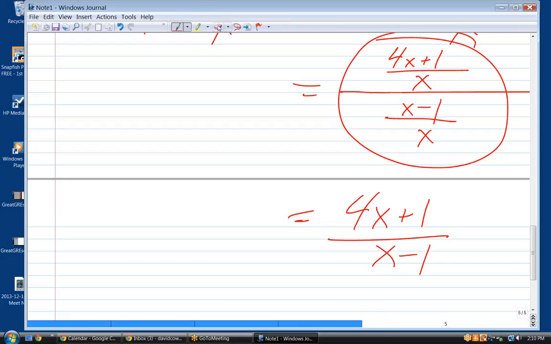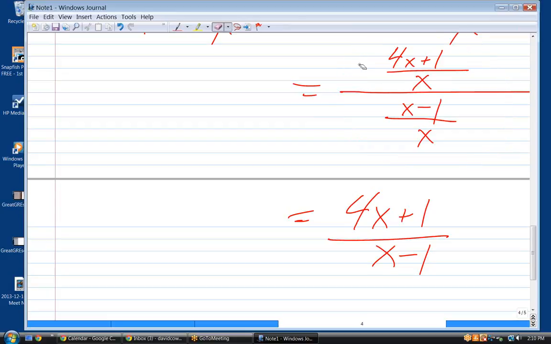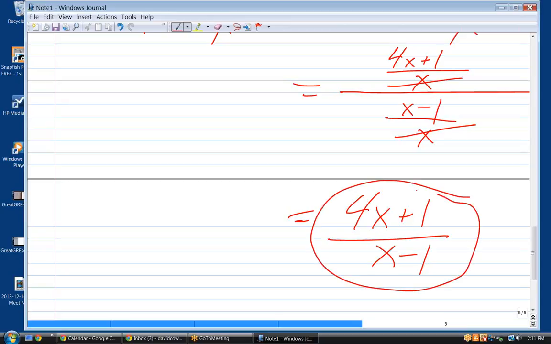As long as my denominators are the same, I can just cross them out. If my numerators were the same, I could not do that. It's only if both denominators are the same that you can cross them out. If the numerators are the same, you have to flip it before you cross them out. So this is the solution.